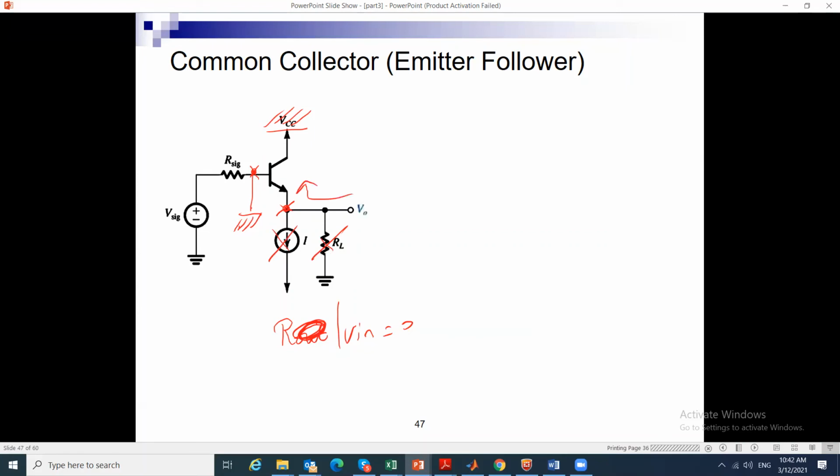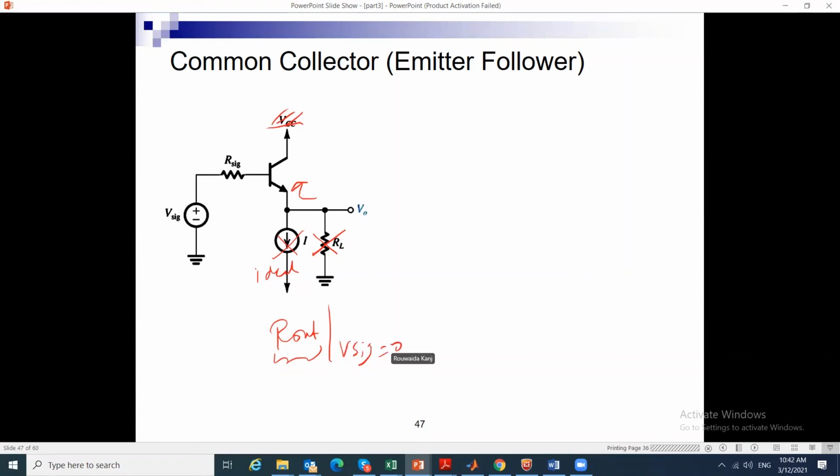Okay, but if somebody tells me that I want Rout, which is the resistance looking into the circuit, of course we remove RL for the Rout case, and this is ideal. Okay, with the Vsig 0, we have the full-blown derivation here, which is slightly different from the derivation that you have in the sheet.